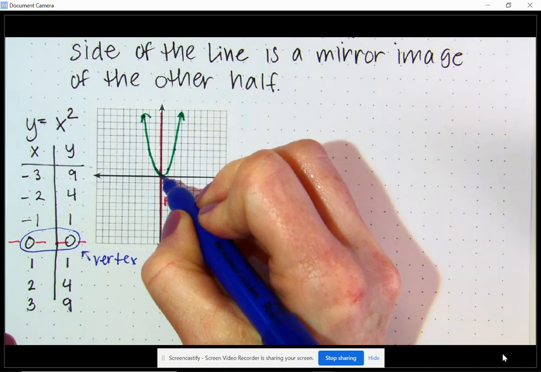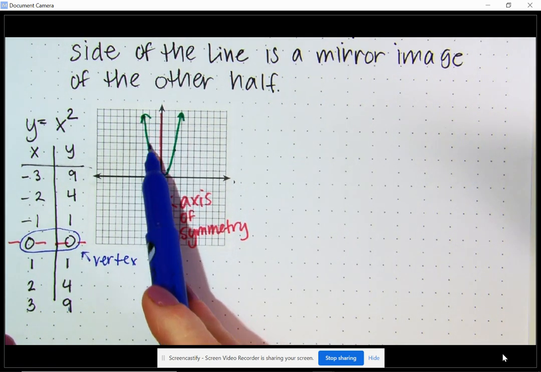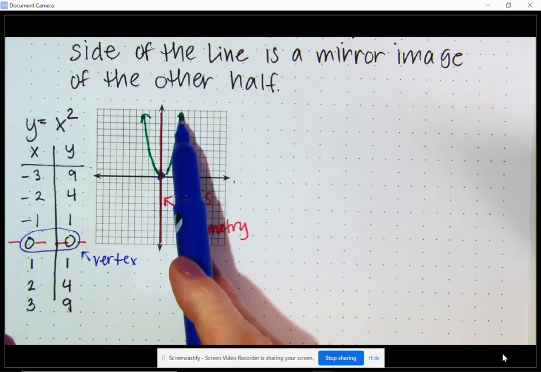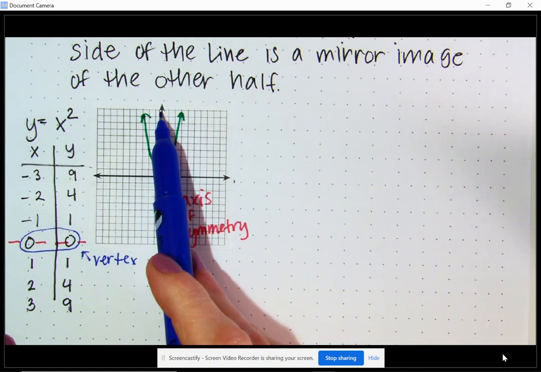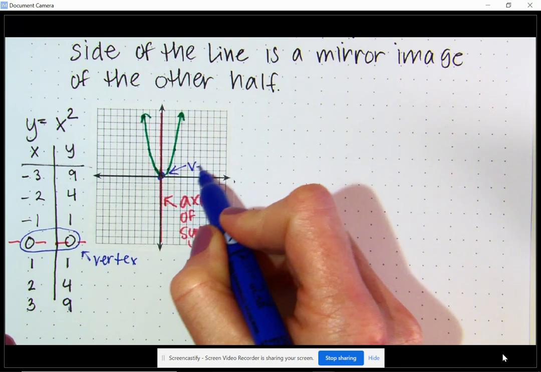On the graph, this point here where my parabola is decreasing and then shifts to increasing, or the point where the axis of symmetry goes through, that is the vertex.